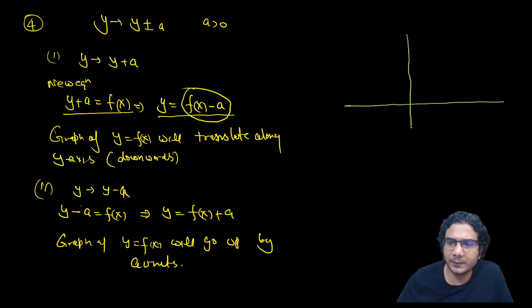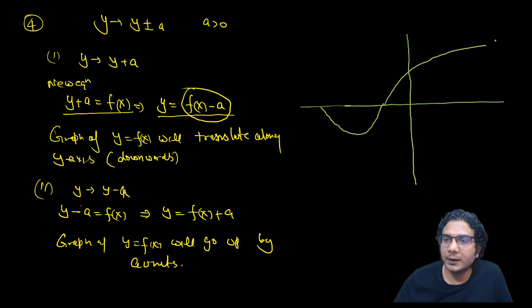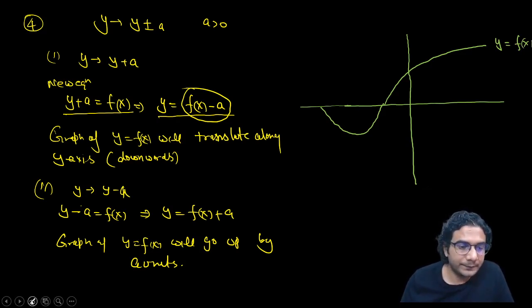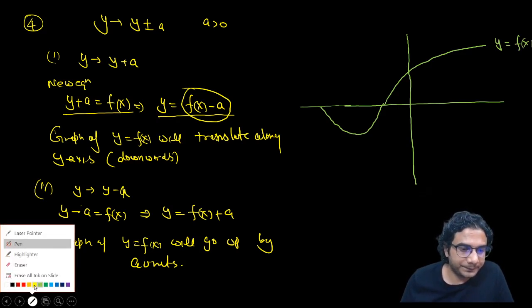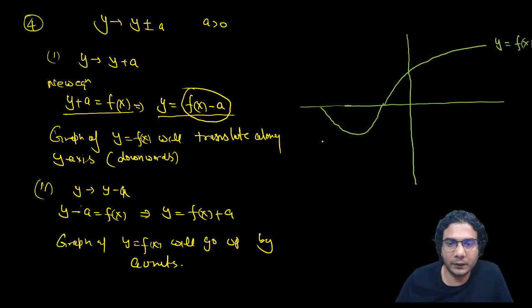Let's take the same example which we were taking. This is the graph of our f(x), y is equal to f(x). See what happens to this graph when y is replaced by y plus a, or you can write y is equal to f(x) minus a. The first one, let's do with white color.